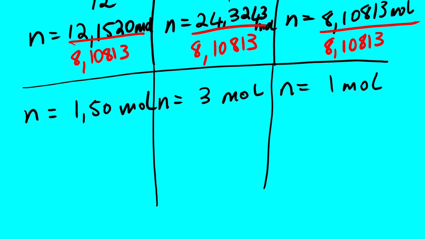Now you need to be careful whenever you get an answer like this, with 0.5, like 1.5. Don't round off to the nearest whole number. What you need to do is multiply each and every number of moles by 2.